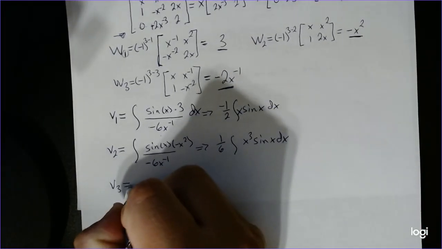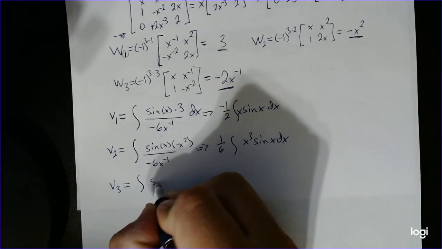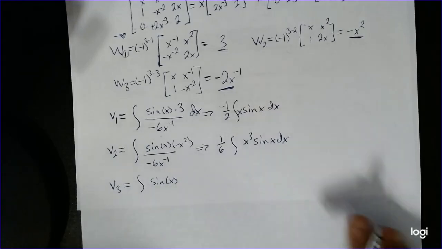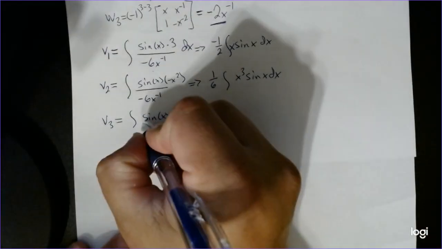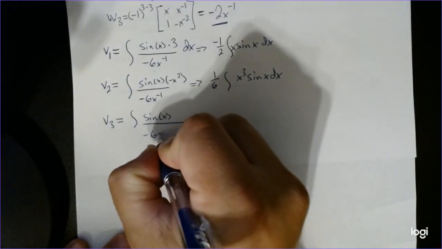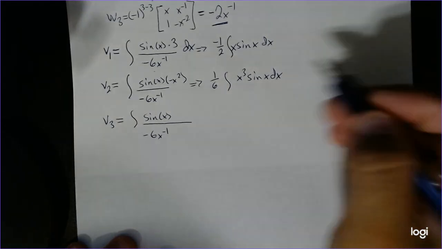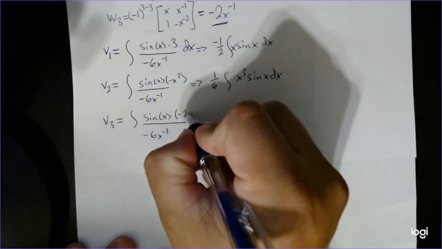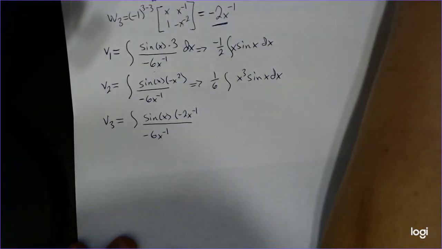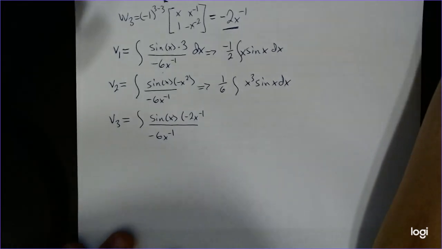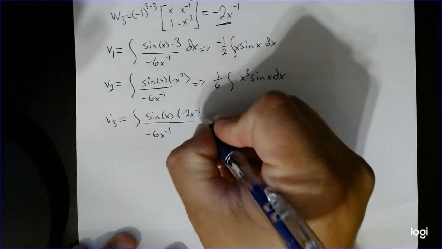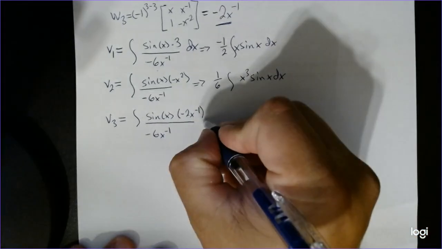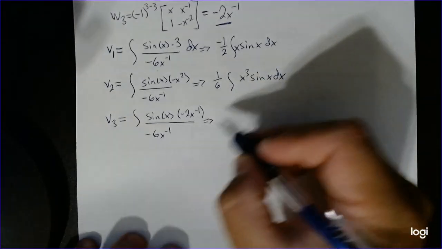And then finally the last one. And this one's going to be times negative 2x to the negative 1 power. So these are nice.